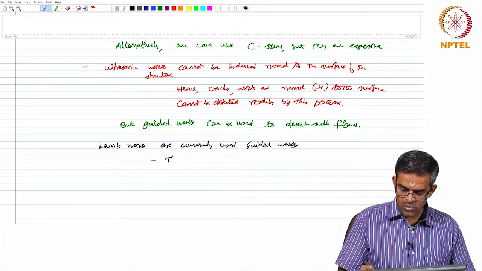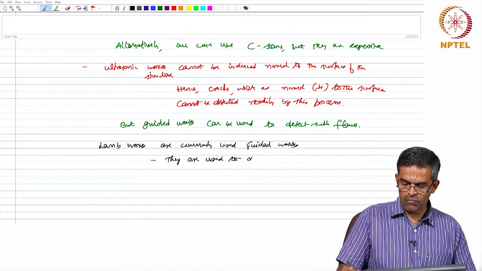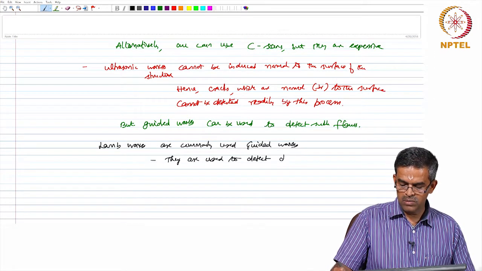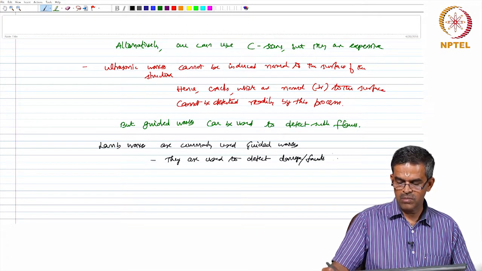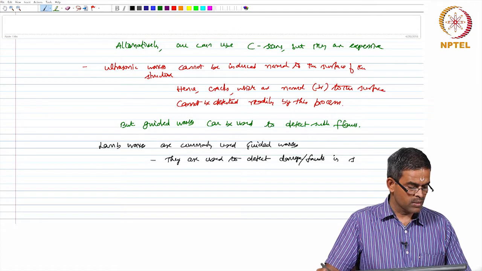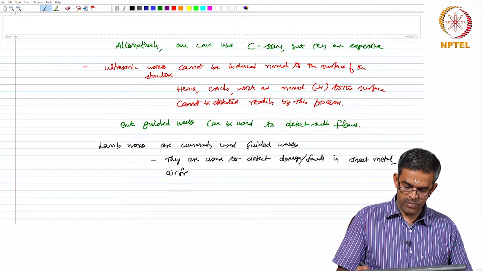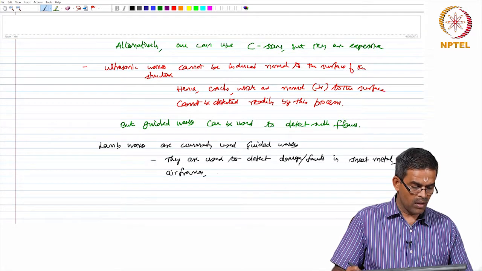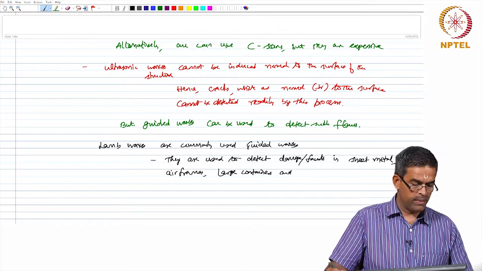They are used to detect faults in sheet metal, airframes, large containers and pipes.